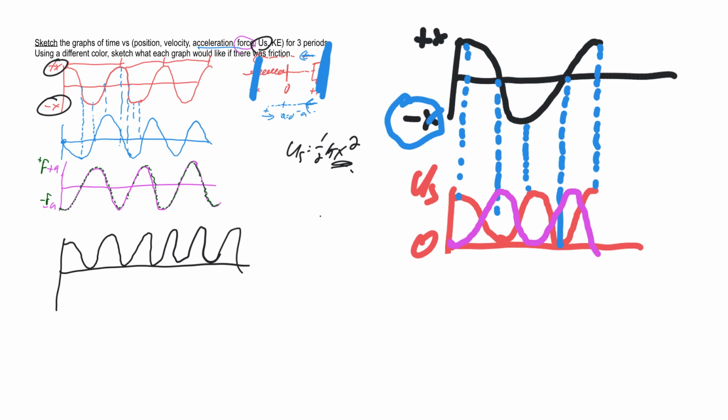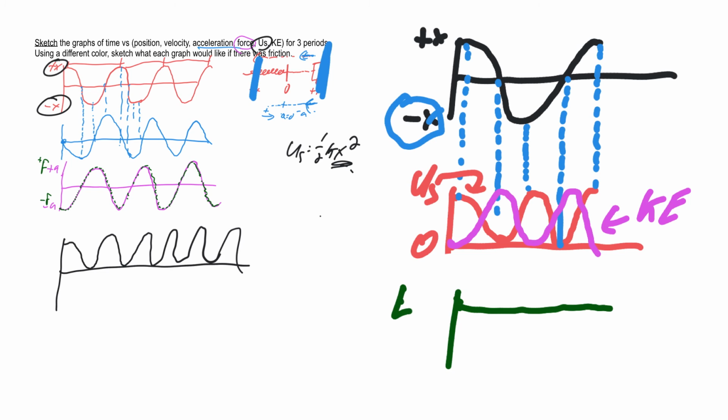So the purple, just label it this way, purple is the KE, and then the US max is the red. Okay, and then by the way, if I asked you for total energy, that graph would just look like this, a nice flat line, right? It's going to stay the same. That would be like E total looks like this.